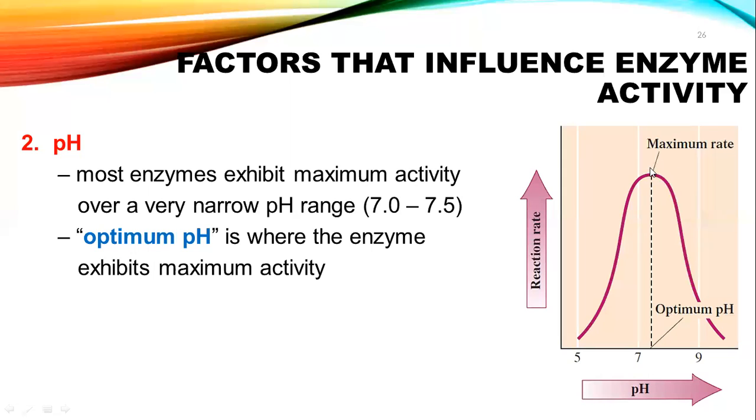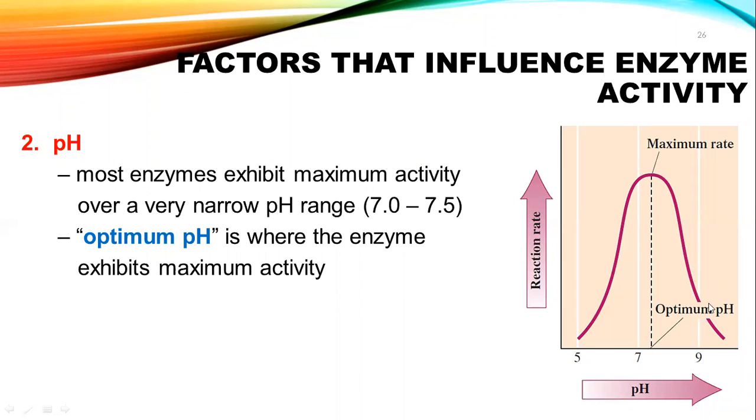And let's say this is where we have the optimum pH, for which you can have the maximum rate or the optimum enzyme activity. Usually, if you increase the pH, there is also an increase in the reaction rate, but again, it reaches the optimum.